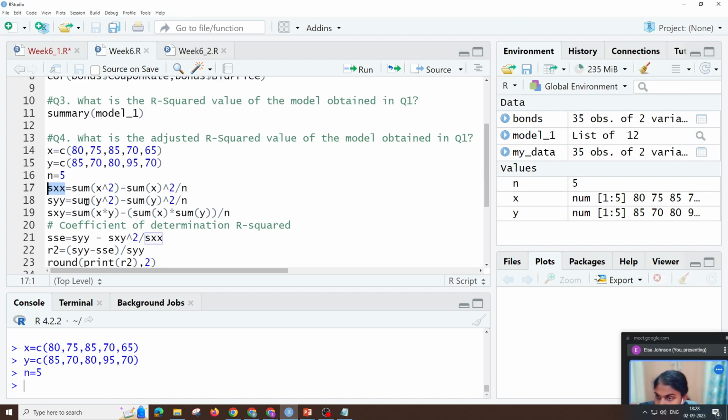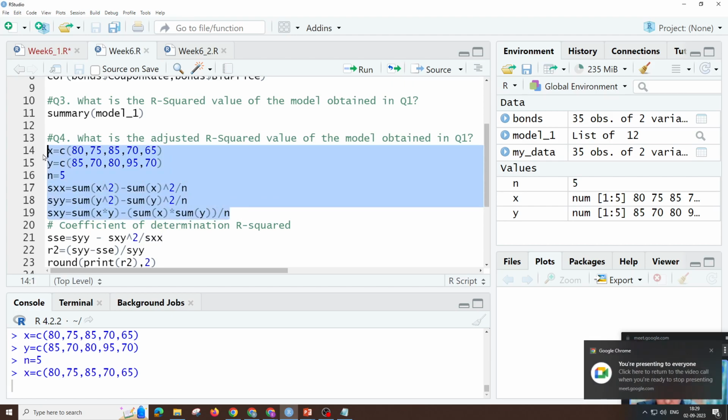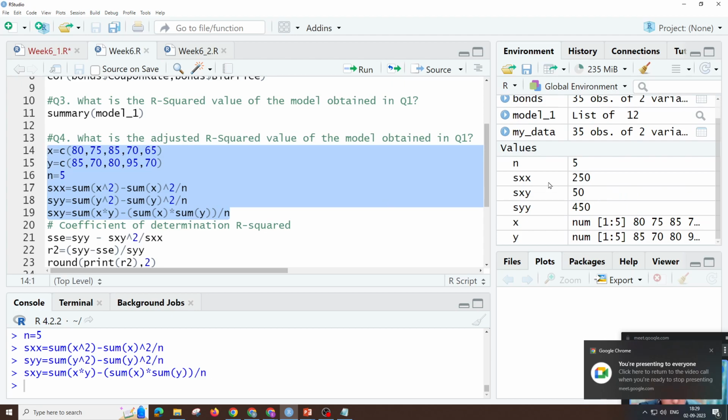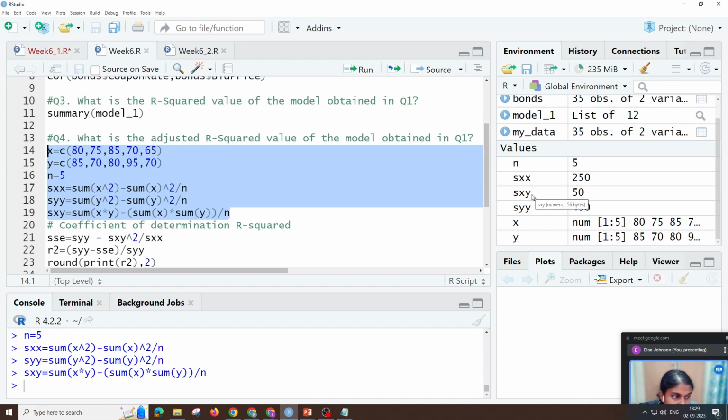Then Syy, sum of y squared minus sum of y the whole squared by n. Then Sxy also you have to find, so sum of x into y minus sum of x into sum of y by n. All these values I'll just run here. So here you are getting Sxx is 250, Sxy is 50 and Syy is 450.